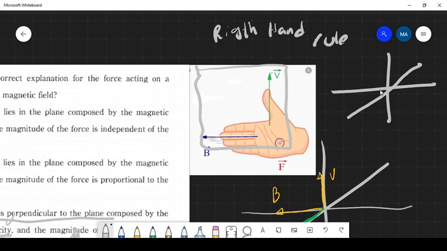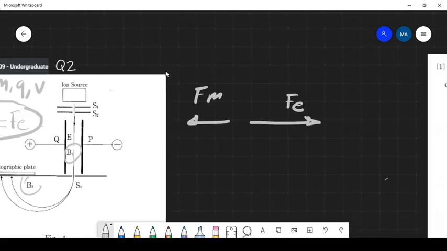So where do we want F to point? We want it to point to the side, so that it cancels the electric force that's going there. Now this is going to be the B field, okay? And where is the velocity? Let's see where the velocity is.